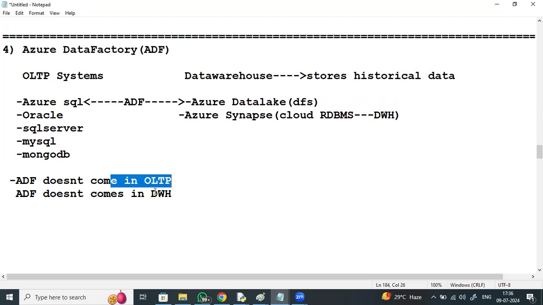So it is not in OLTP, it is not in the data warehouse, it is an integration service.